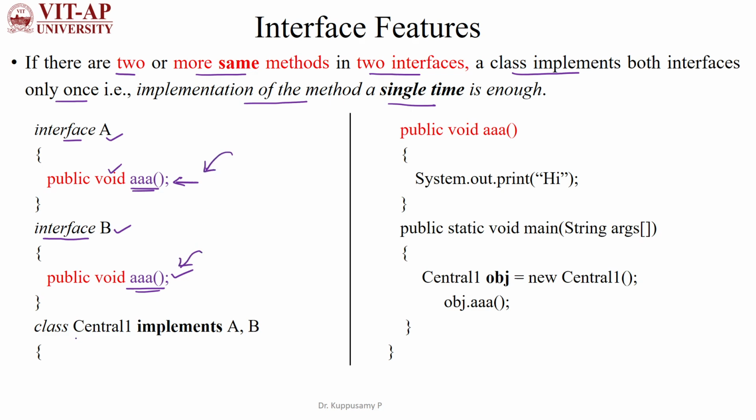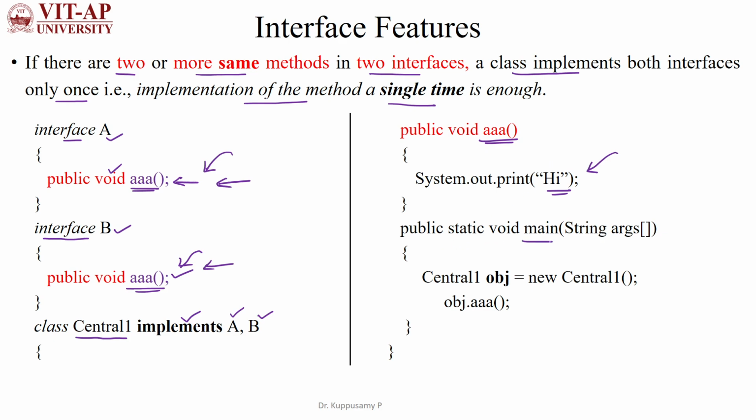Then the class Central1 implements both interfaces A and B, and implements the method, which has a single statement, System.out.print "hi", which just displays hi.